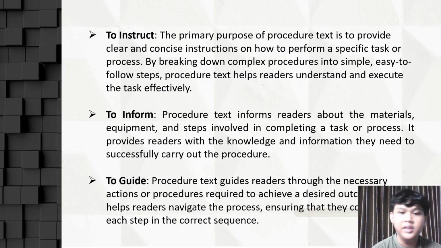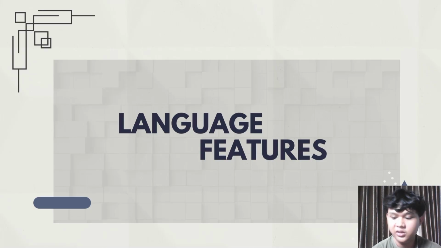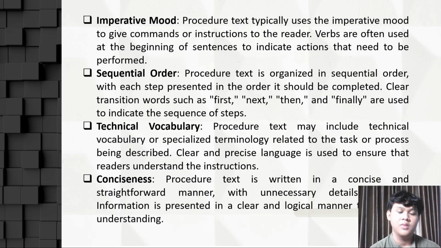And the next is language feature. A language feature of procedural text is imperative mood. Procedure text typically uses the imperative mood to give commands or instructions to the reader. Verbs are often used at the beginning of sentences to indicate actions that need to be performed.